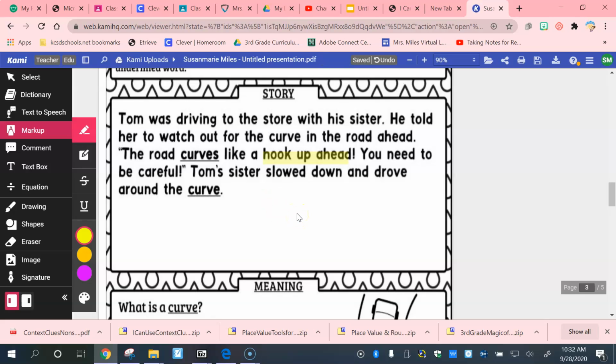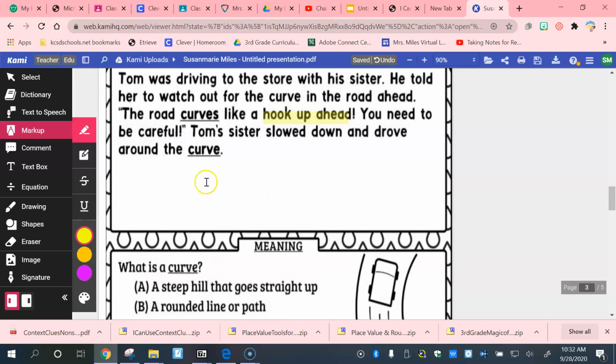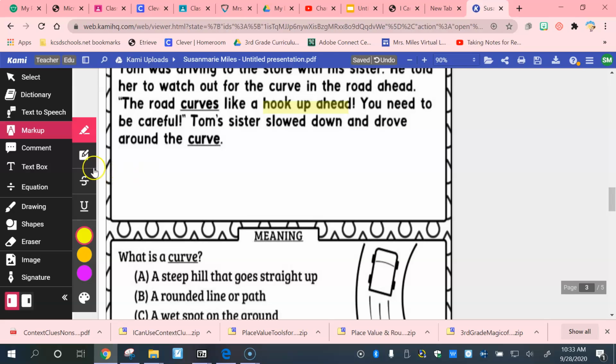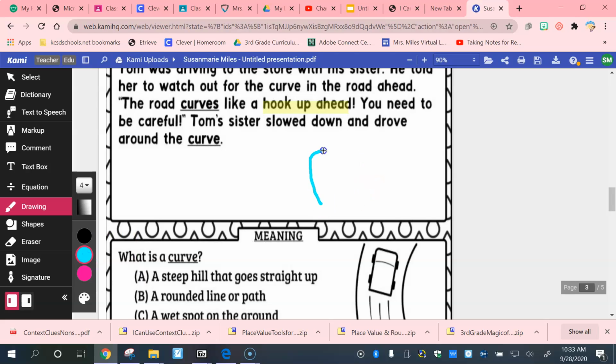So is it telling us what a curve is like? Maybe like an example of one? Let's look. What is a curve? Is it a steep hill that goes straight up, a rounded line or path, or a wet spot on the ground? So if you think of a hook, I want to show you what a hook might look like if you want. Okay. So a hook kind of looks like this.